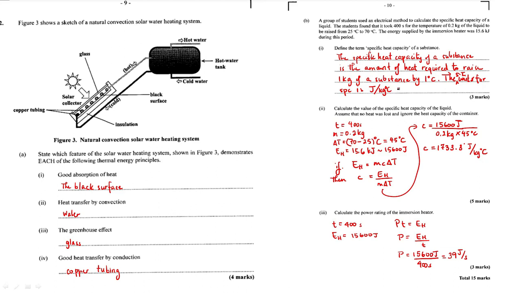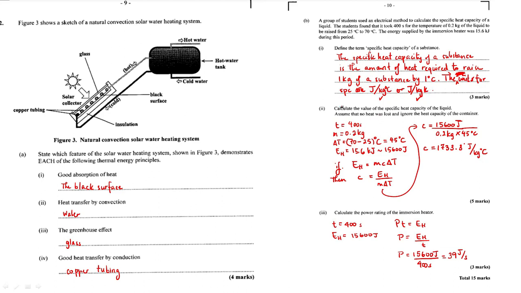Or you could have it like this too, because you don't have to worry about converting temperature to Kelvin. Okay, this is much preferred in writing, but each of them works. So the units for specific heat capacity are joules per kilogram degree Celsius or joules per kilogram Kelvin.